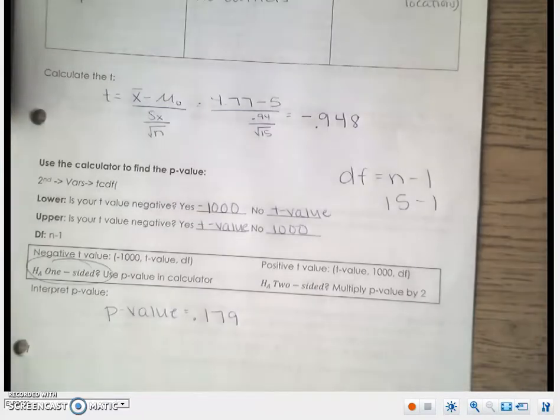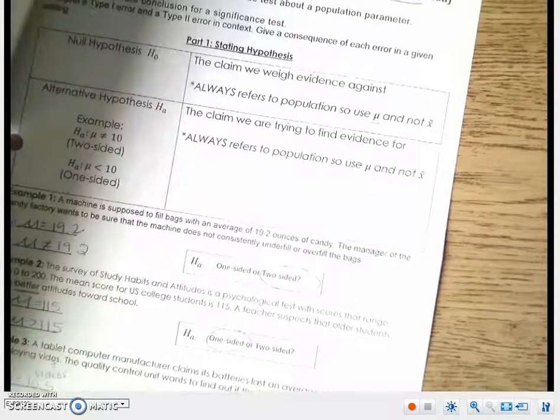Okay? So the p-value, we would interpret using our sentence stem, which is on this page here.